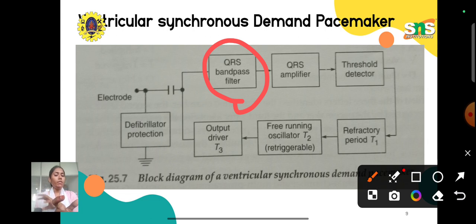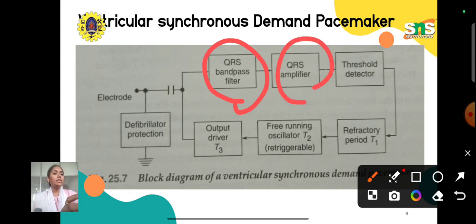In the electrode we get the entire P, Q, R, S, T waveform, and from that we extract only the QRS. The reason is that we are developing a device for the ventricular synchronous demand pacemaker, so we concentrate only on the QRS, and hence we use the QRS band pass filter.